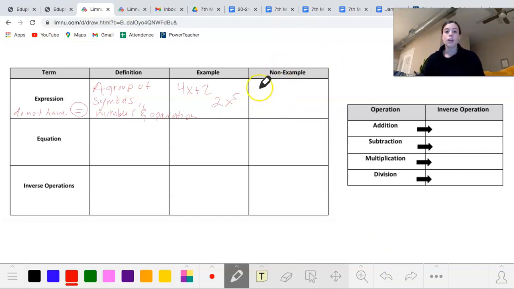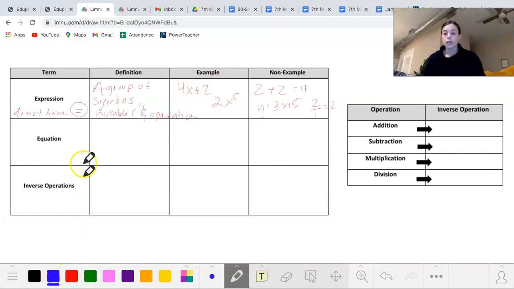Non-examples are things like 2 plus 2 equals 4. What if I said y equals 3x plus 5? We've seen an equation like that before. Not an example. Even 2 over 1 equals 2 is not an example. So expressions are just these things without equal signs.